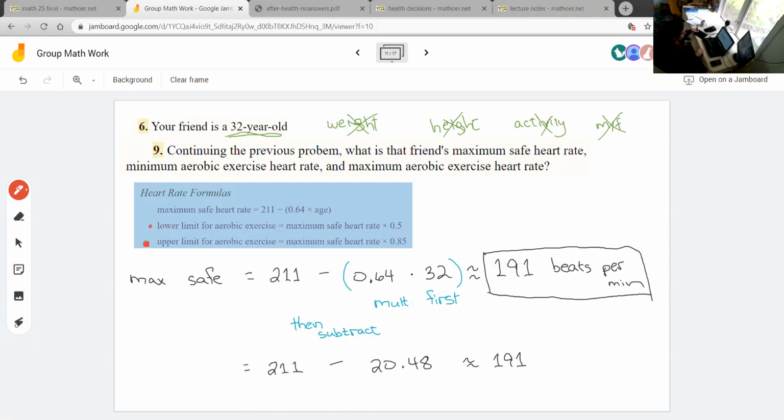Okay, we still have these two parts to do. If I take this number and I do times 0.85, I get the max for what counts as good aerobic. If I do times 0.5, we get the minimum.